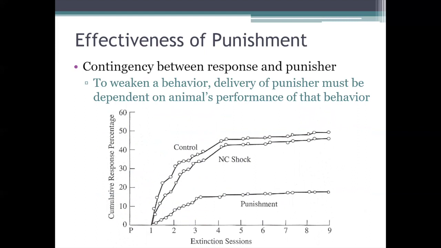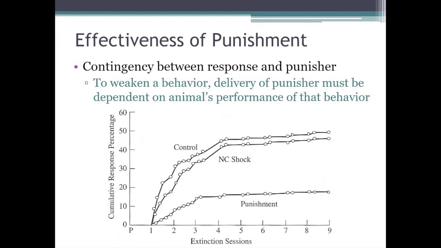Okay, so they just got shocked periodically, regardless of what they were doing. Their shocks were not contingent at all on their behavior. And as you can see, the rats in that group pressed the lever just about as much as a control group that didn't get shocked at all. So the contingency matters between a behavior and a punisher.